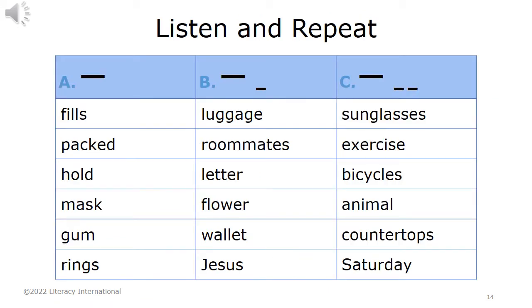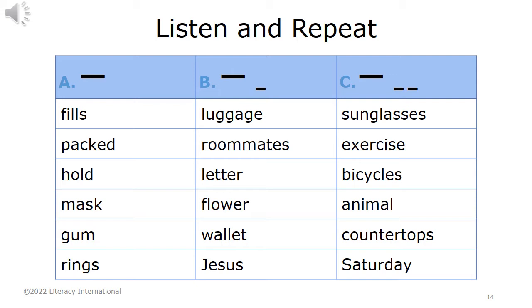Listen and repeat. A. Fills. Packed. Hold. Mask. Gum. Rings. B. Luggage.